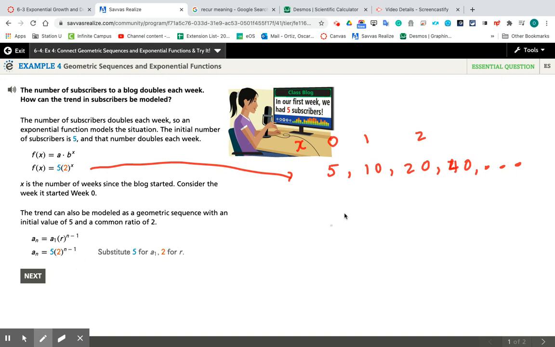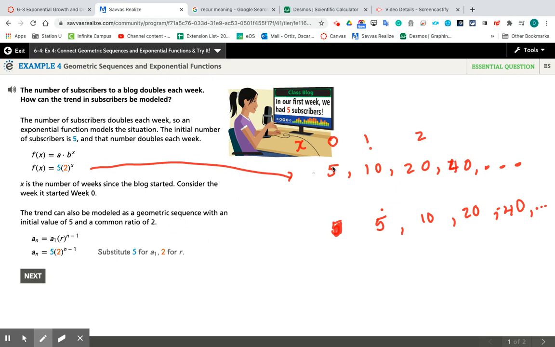But for the other one, we are considering the same list of numbers, but we are not calling it the initial term or the 0 term, but the first term, right? The second term is 10, the third term is 20, and the fourth term is 40, and so on. So it is just shifted one to the right.